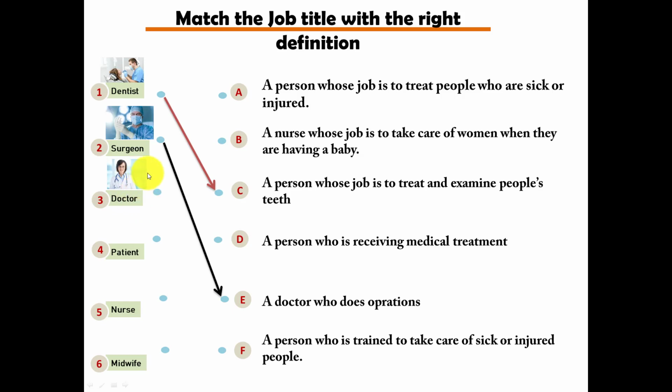A doctor is a person whose job is to treat people who are sick or injured. Number 4, patient. Good. A patient is a person who is receiving medical treatment. Number 5, a nurse. A nurse is a person who is trained to take care of sick or injured people.